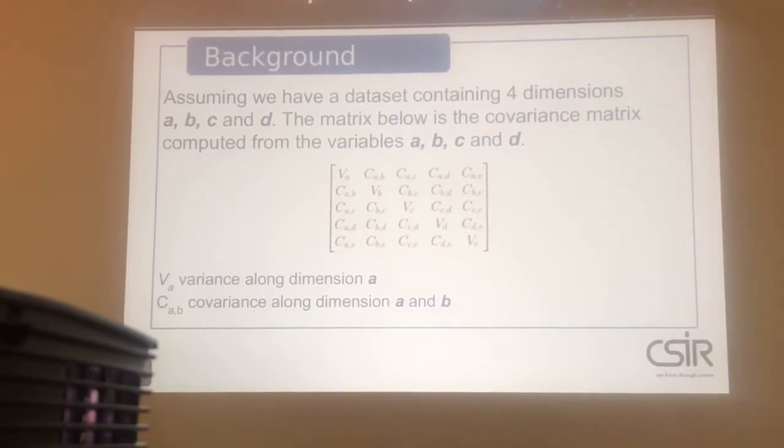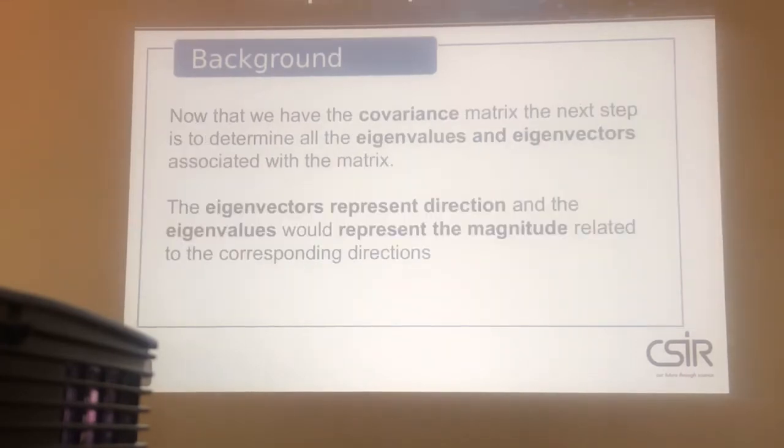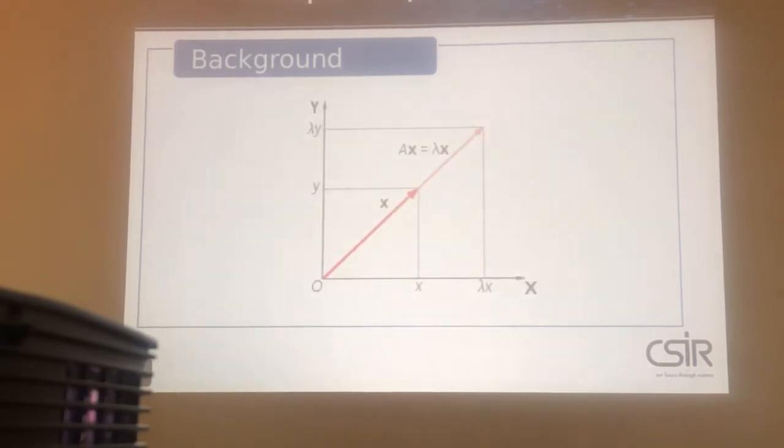Okay, now once you have that, then you would calculate your eigenvectors and eigenvalues. I'm going to take you guys through an example after this, I'm just going through the process. So, for those who don't know what eigenvectors and eigenvalues are, this is what they are. x is your vector, which would be your eigenvector, okay? Your eigenvector shows direction. It's a representation of direction within your plane, whatever the plane may be.